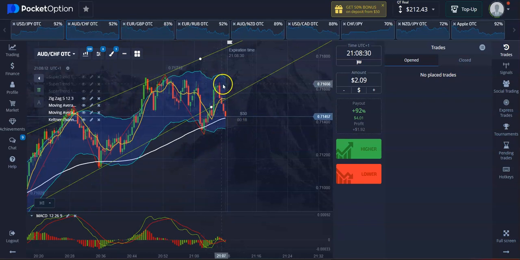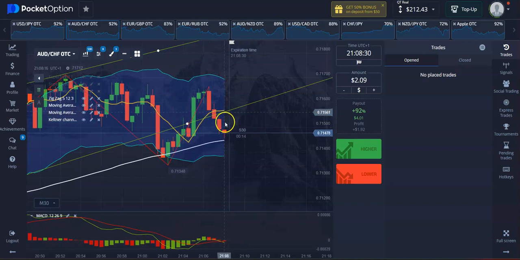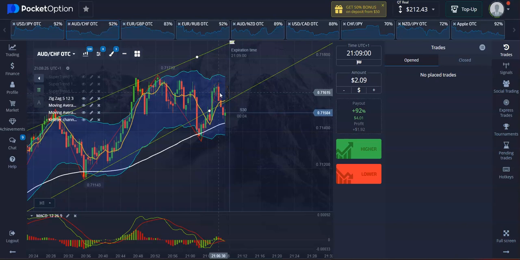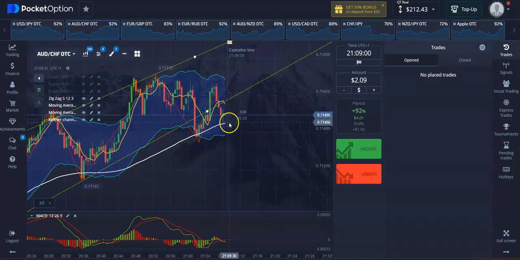So price didn't go all the way up, but we managed to secure our profits. Okay, because we entered over here. Okay. So like I said to you, once you feel like, yes, it's about to reverse, it's about to pump up, then you take the trades. And a quick and short trade was quick enough to secure our gains.